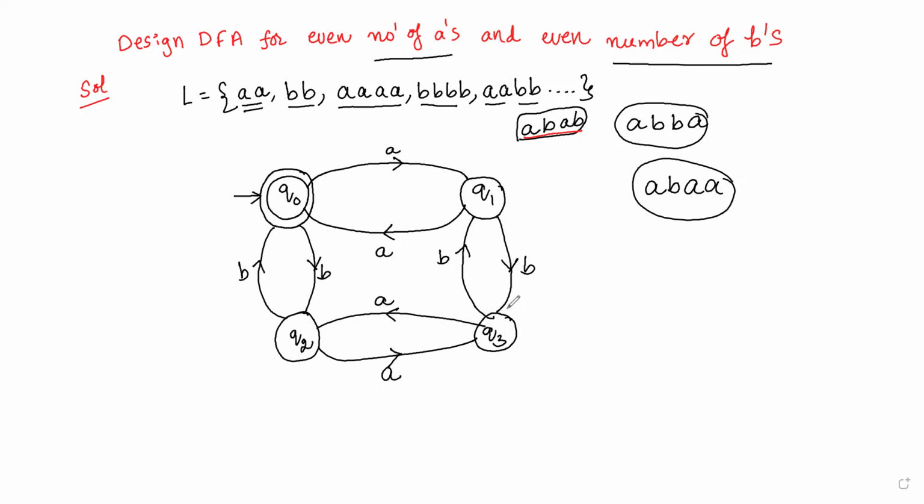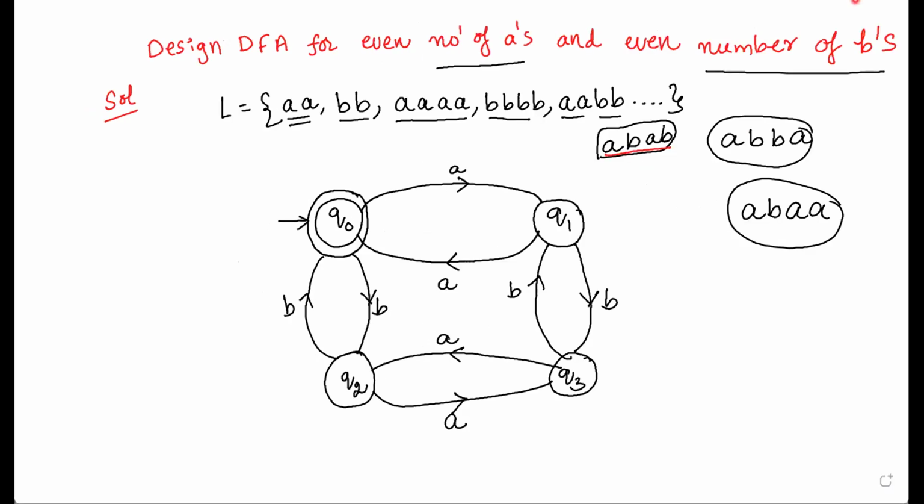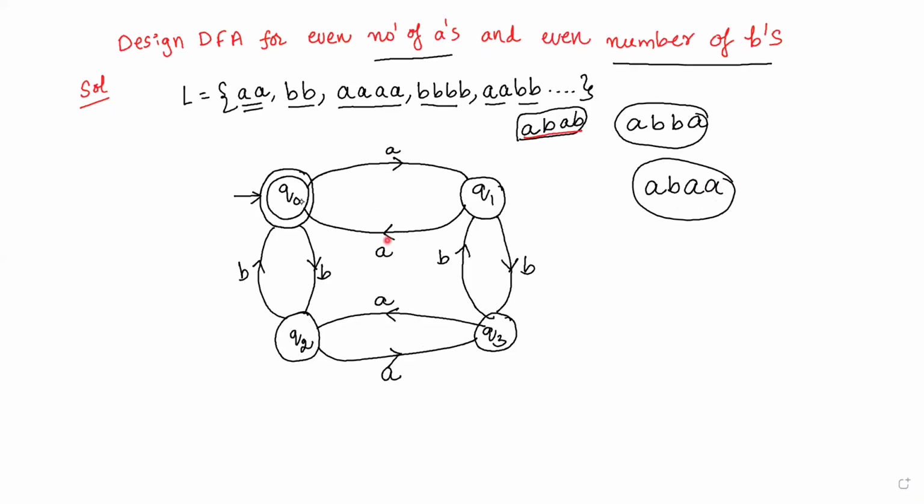So finally, this is about the construction of the DFA for an even number of A's and an even number of B's. So remember, it consists of four states: Q0, Q1, Q2, Q3. When my input is small a, it goes to A and reaches the final state.